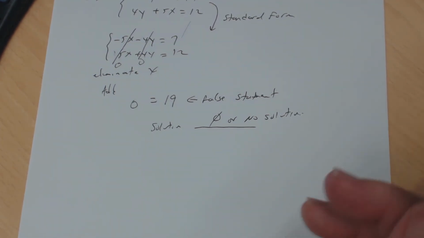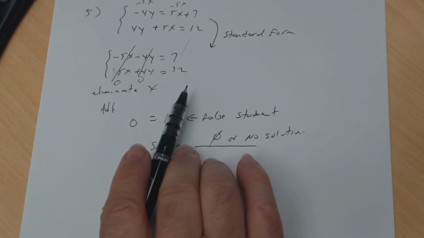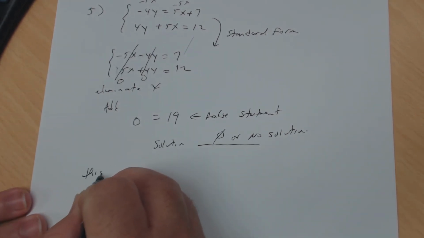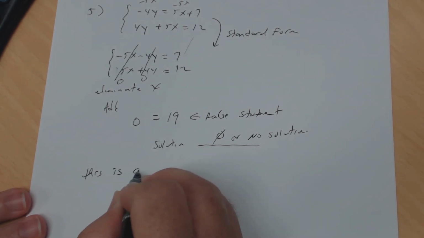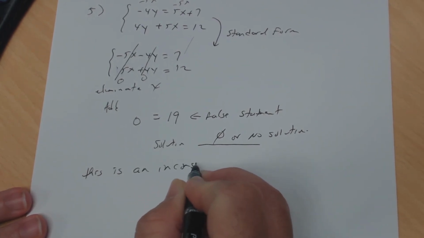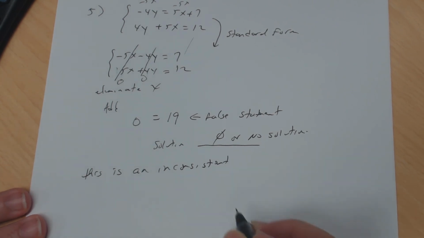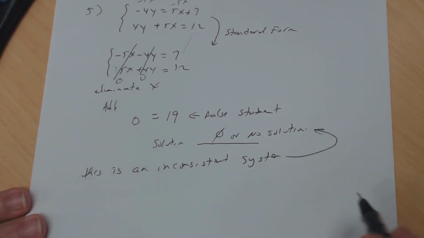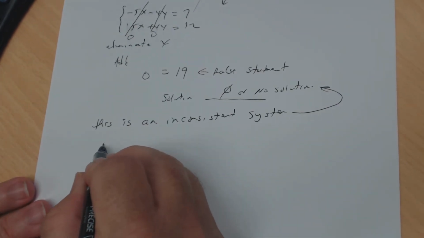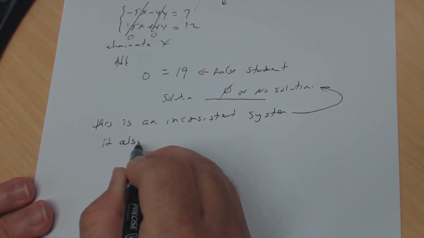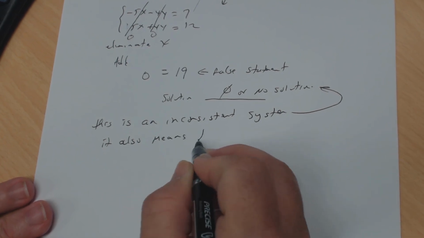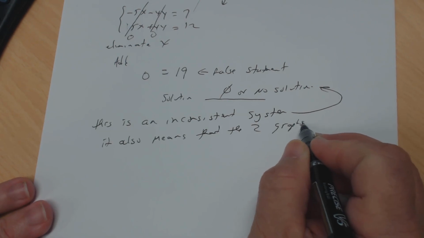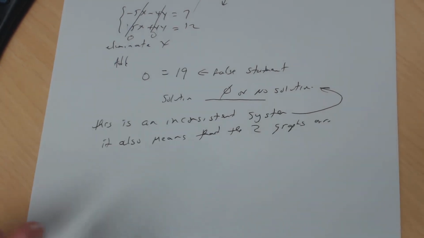All right, now if there's no solution, remember we say that this is an inconsistent system. So you have no solution. What that means is also that the two graphs, remember, no solution means they don't intersect.